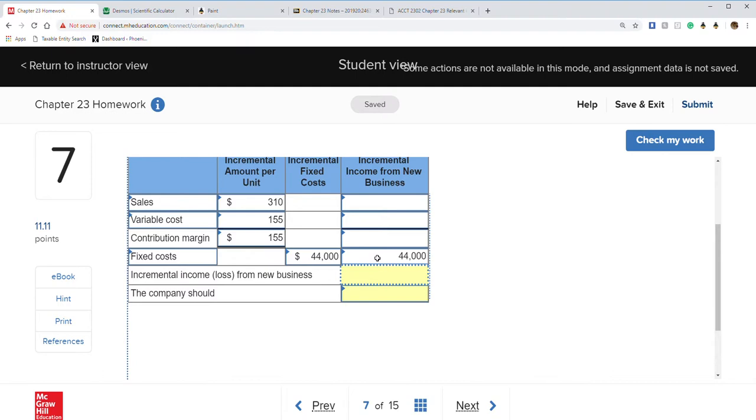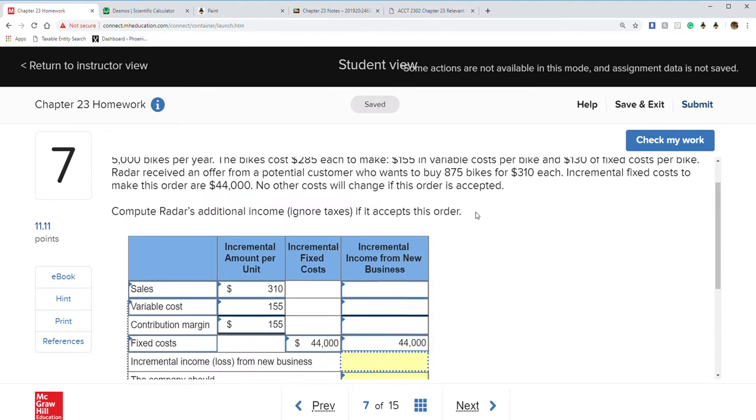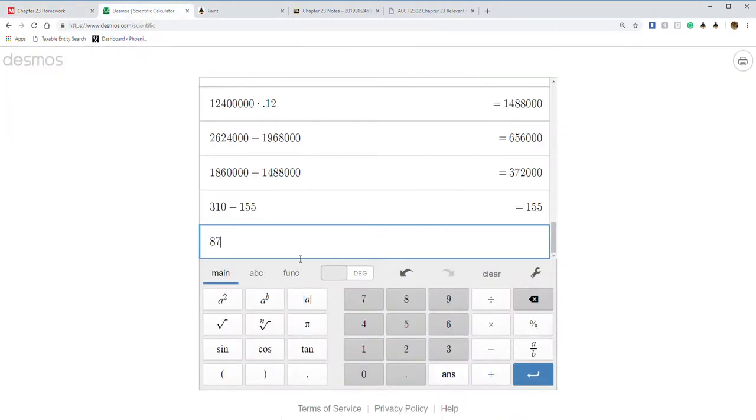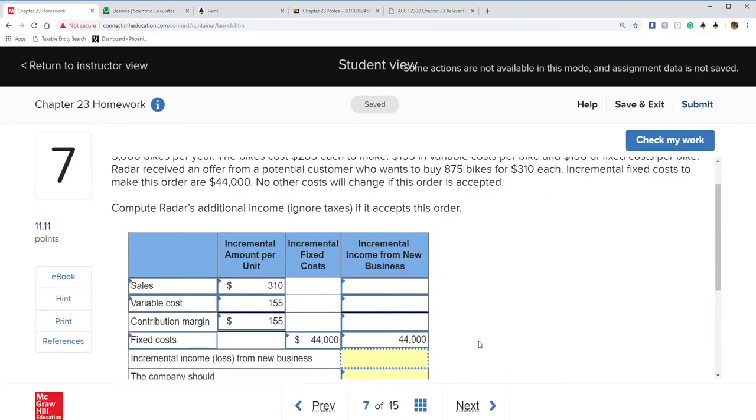But we have to figure out incremental income for the new business. So we're going to take 875 and multiply it by these three amounts over here. So 875 times 310 means we'll get $271,250 in actual revenue from this.